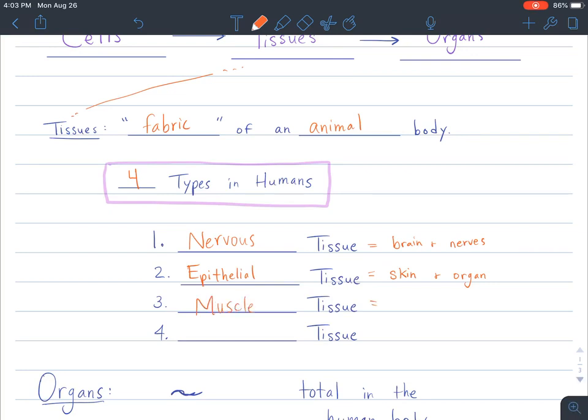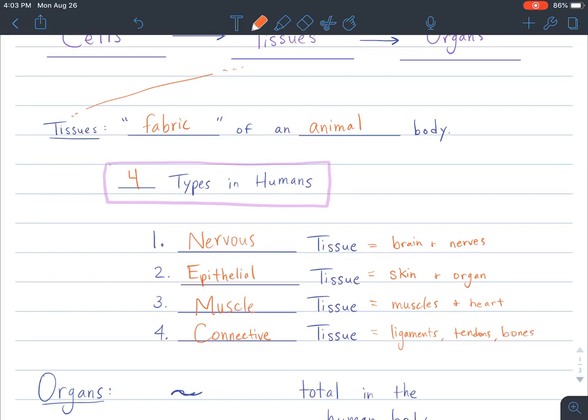And muscle tissue makes up our muscles, the things that we talk about a lot if we're trying to get stronger, but it's also our heart. Our heart is an organ that is basically a giant muscle. And last is number 4, our connective tissue. And connective tissue is used for our ligaments, tendons, and our bones too.